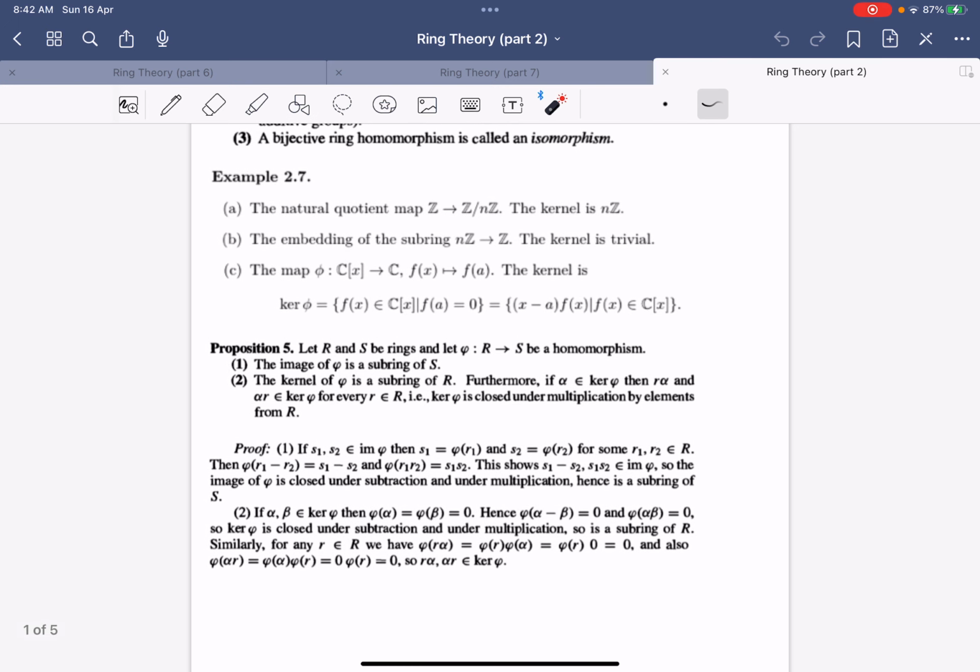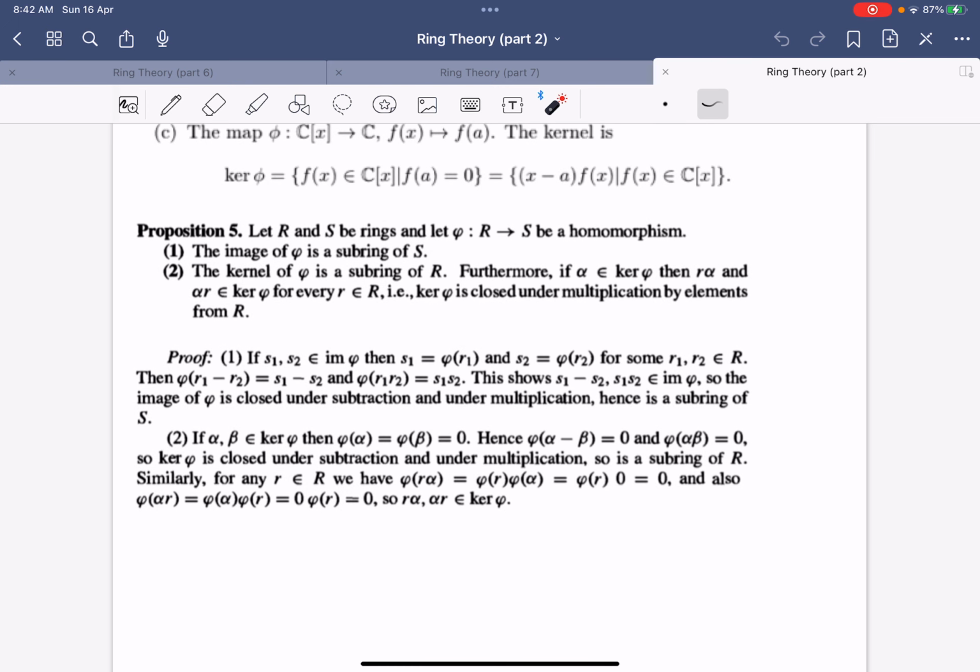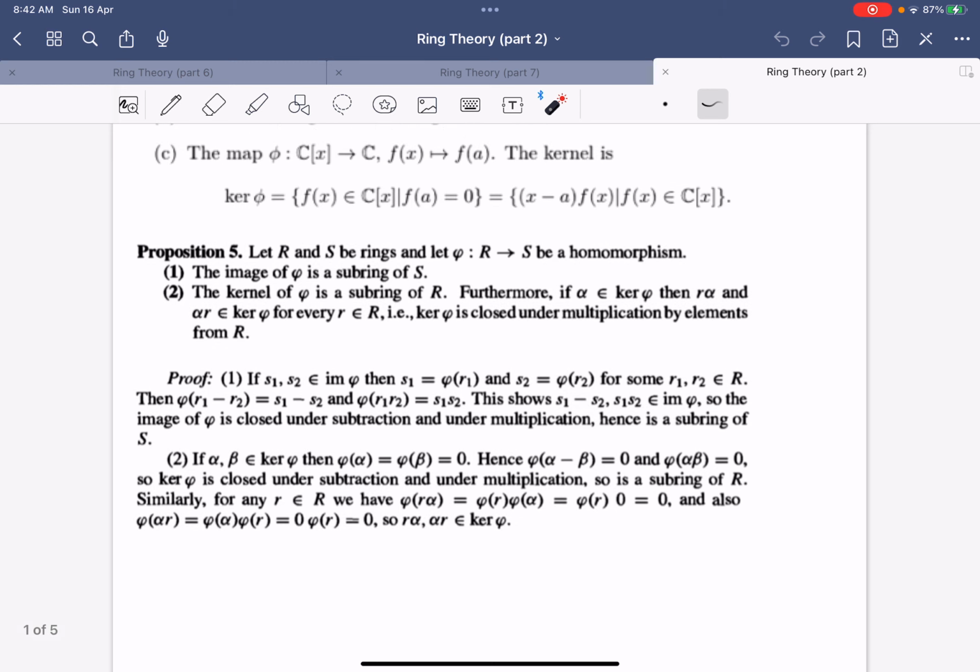And now let's prove some propositions about ring homomorphisms: that the image is a subring, and the kernel is also a subring of R. For the first one, we just take two elements in the image.